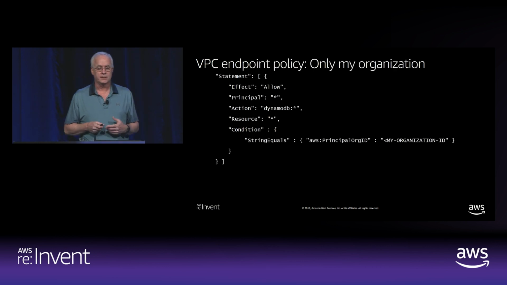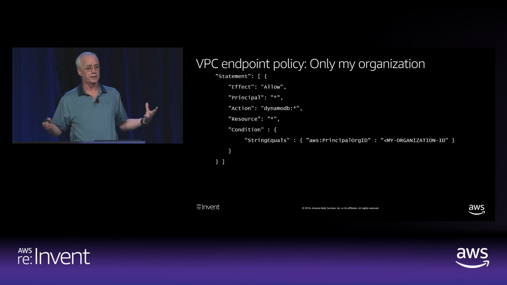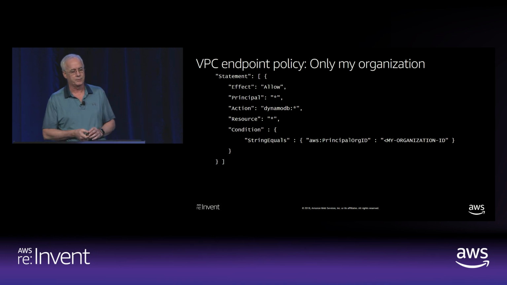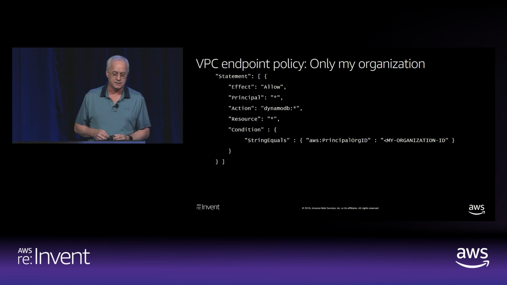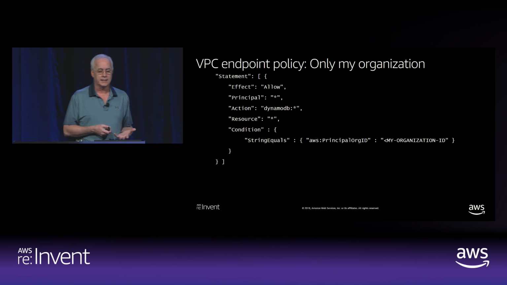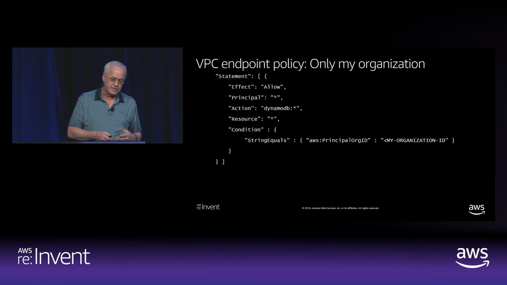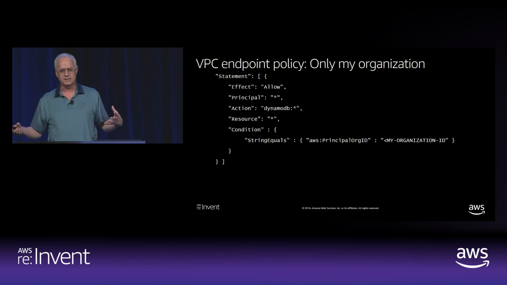In some cases, you might want to limit this to tables within your own organization. So instead of having just one account, you want to limit all the access to any table within my organization. And so you can use the context key that IAM sets, the principal org ID context key. And you can put in your VPC endpoint policy, allow any principal. So that looks like it's very broad. It says any principal in any account, and resources star, so any resource whatsoever.